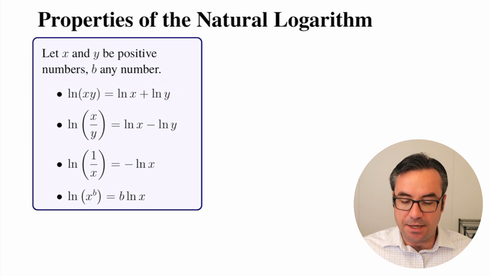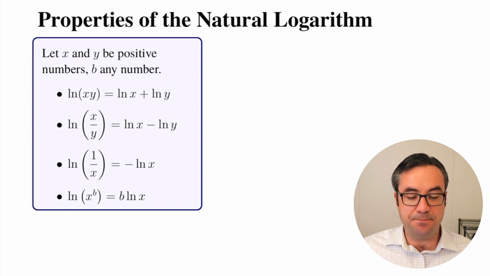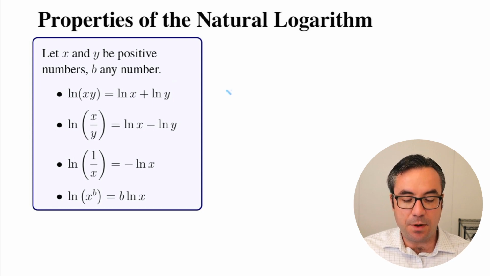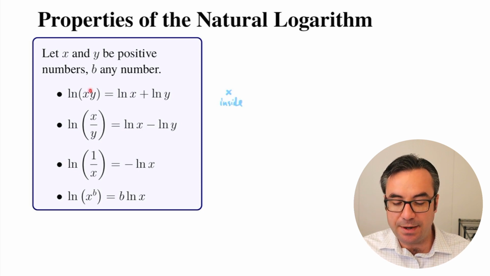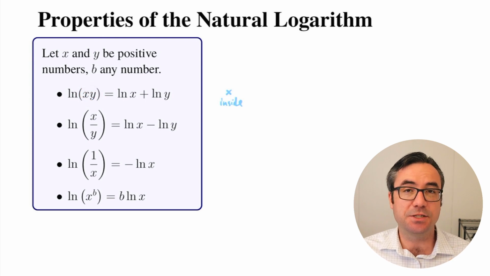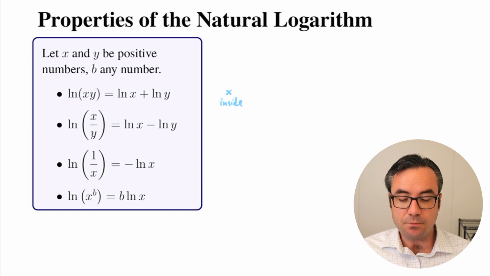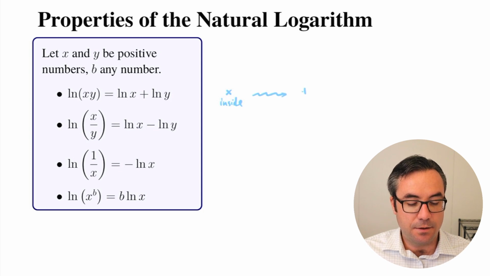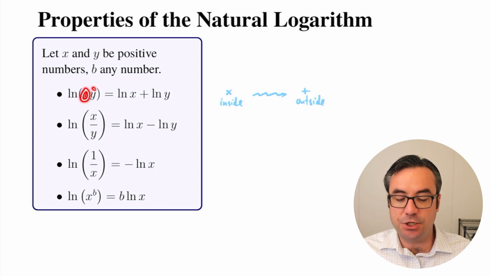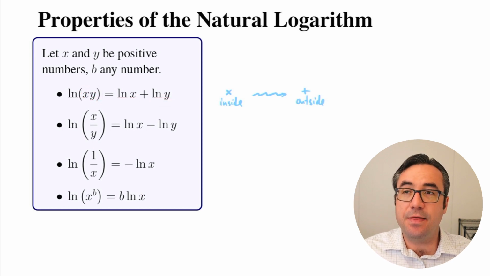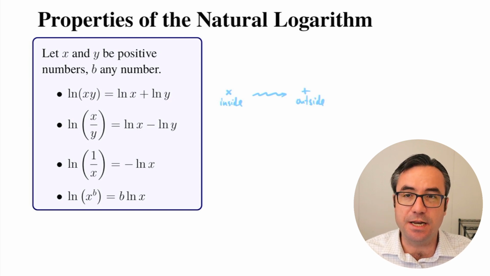If we have multiplication going on inside of our log function, which we see right here, two numbers, x and y, getting multiplied together, that multiplication essentially gets converted into addition outside of the natural log. So we take each term, break it apart, and then add those log terms together. So the multiplication gets converted into addition.